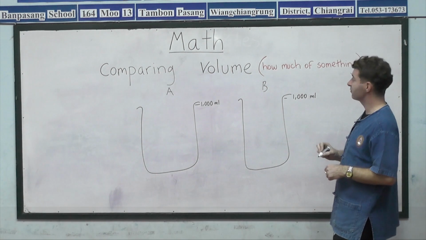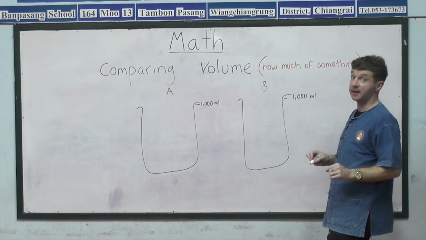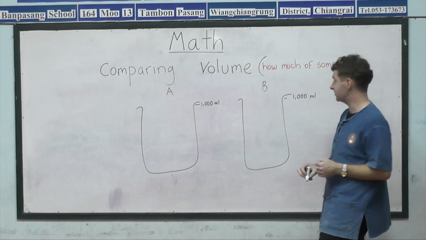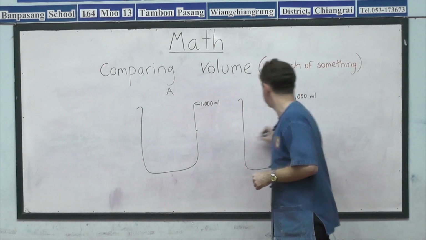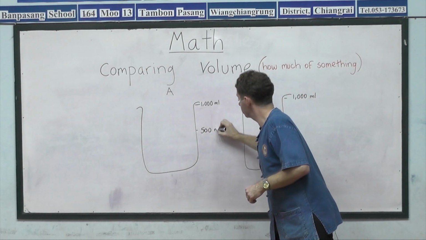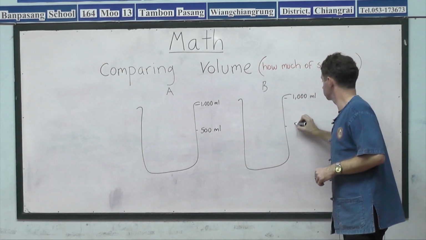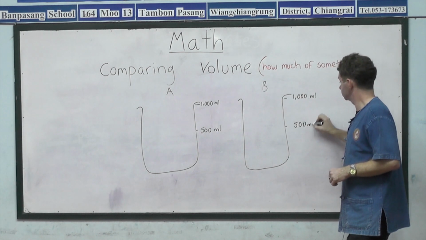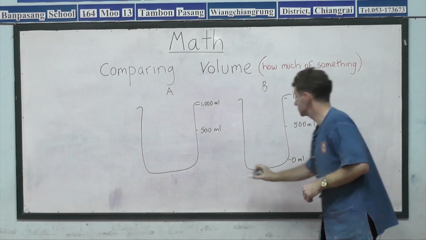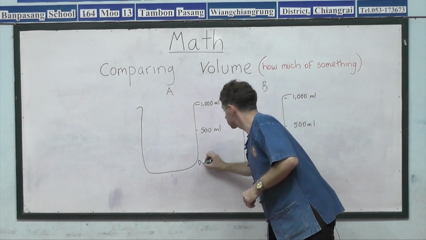For now, for the first example, we'll do both containers the same size. 1,000 milliliter capacity. So what will halfway be? 500 milliliters. And at the bottom? 0 milliliters.